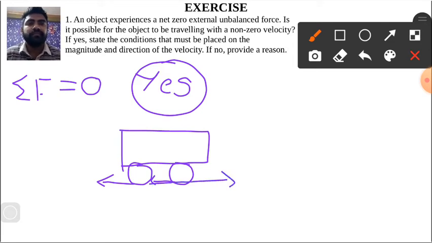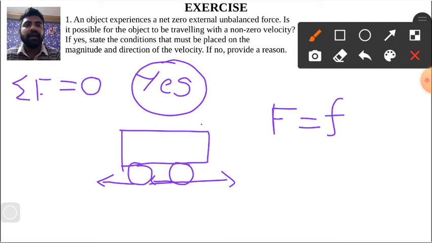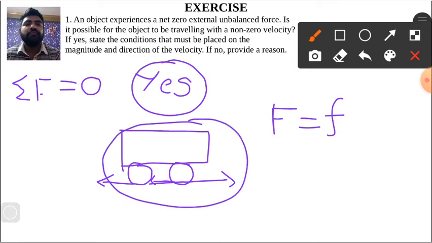So here, if the externally applied force and the frictional force are the same, say the applied force is F and the frictional force is also F, then this car will move in the forward direction with constant velocity.